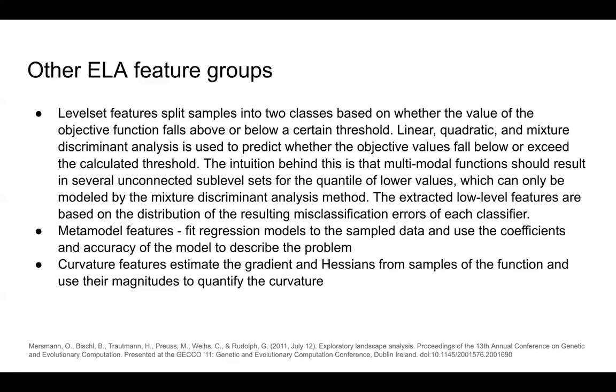So, for example, if the model is linear, it will have high error rates for a multimodal function, but other models might do better there. So based on how well these models are working, you can tell something about the function.